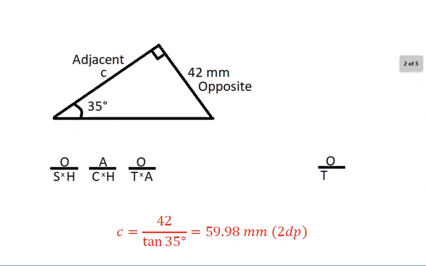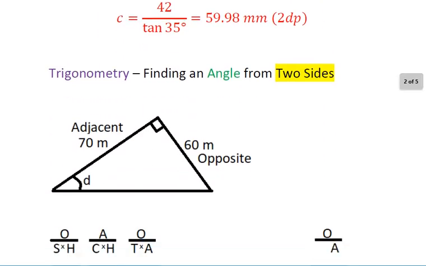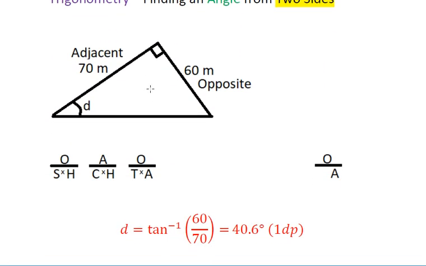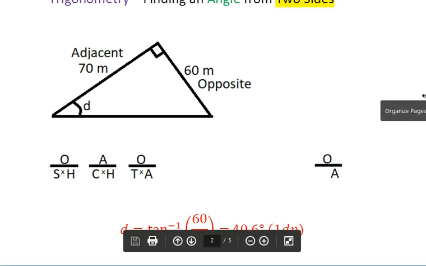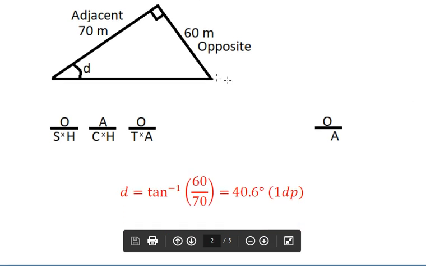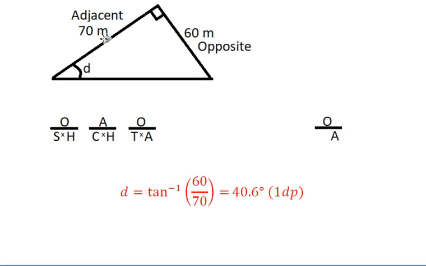So if we're going to cover up the angle, cover up our D here, then we will cover up the tan as well, which is associated with the angle. So we'll cover up the T, and we're left with just O and A, O divided by A. So O is our opposite, which is 60, over A, which is our adjacent, 70.